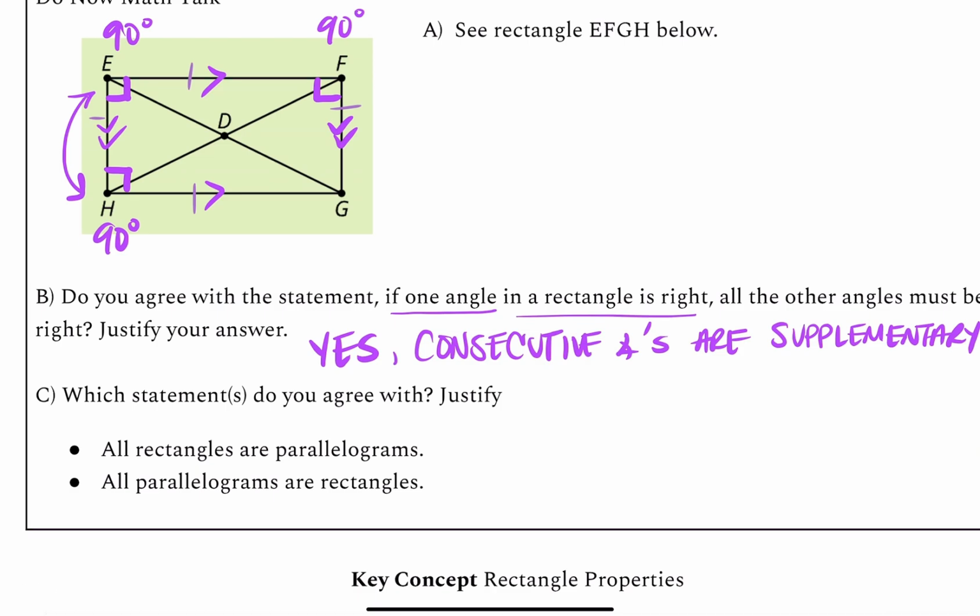But all parallelograms are not rectangles, because rectangles must have a right angle. Here we could see that one is obtuse, the other is acute, so no right angles. So check it or cross it out.